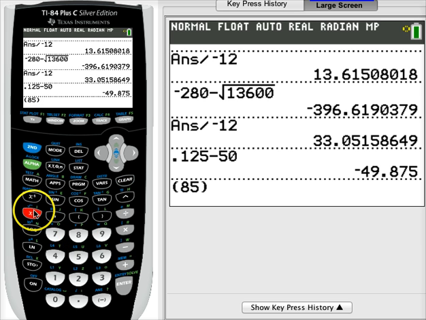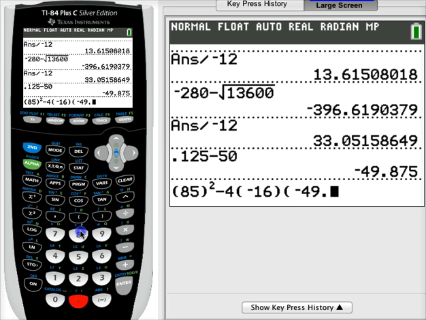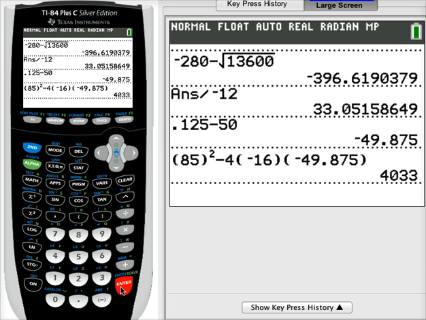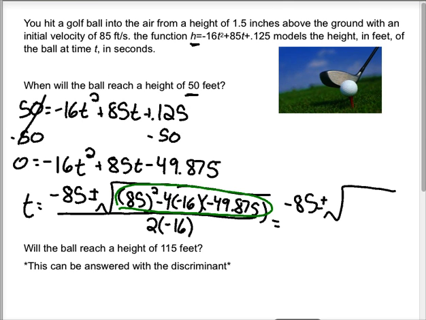So 85 squared minus 4 times negative 16 times negative 49.875. That gives me 4,033, all over that 2 times negative 16, which we know is negative 32.